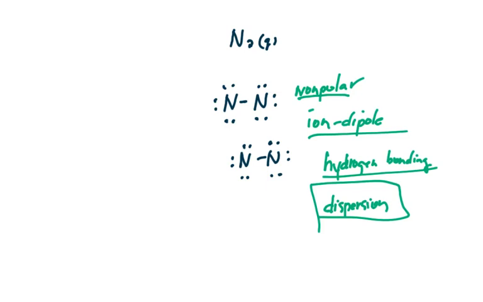Even though London dispersion forces are fairly weak, they are strong enough so that if enough energy or heat is taken out of this system, if I cool it down enough, it slows these molecules down enough that the dispersion forces between them would be strong enough to keep them fairly close and attracted to each other.